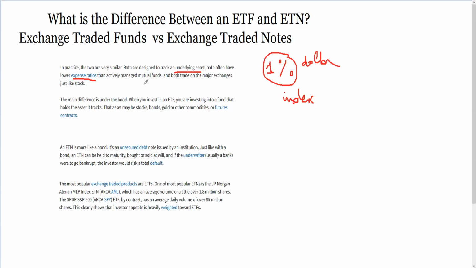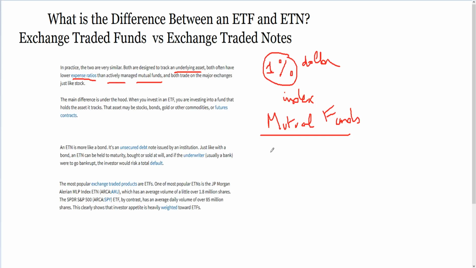Now, understand that actively managed mutual funds are different. Mutual funds are different from the ETN and the ETF, because mutual funds are actively managed.